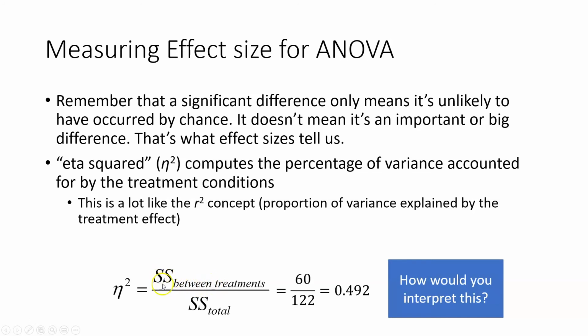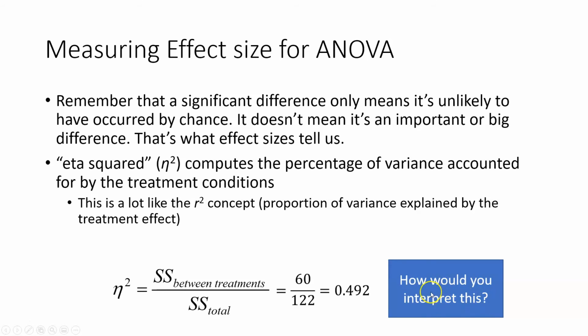So this is the variability that's because of the treatment differences between the one condition and the others. If we take that treatment effect size and we divide it by all the total differences that we see across all the scores in the study, then this number divided by this number tells us that 0.492 is our eta squared. How would we interpret this?